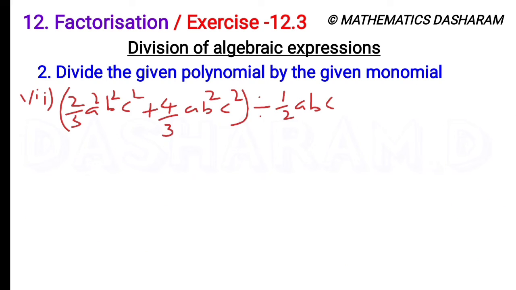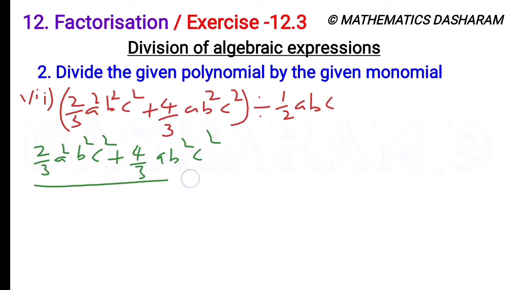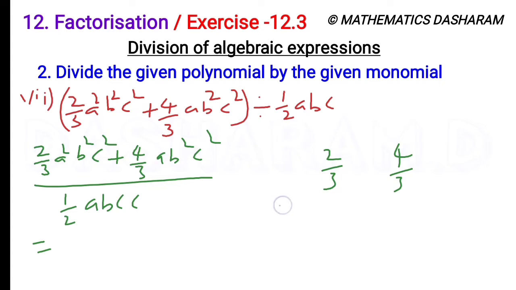Next, seventh question: 2 by 3 a square b square c square plus 4 by 3 a b square c square, all divided by 1 by 2 a b c. So from the numerator, see here 2 by 3, 4 by 3. 2 by 3 means 2 into 1 by 3. 4 by 3 means 4 into 1 by 3.